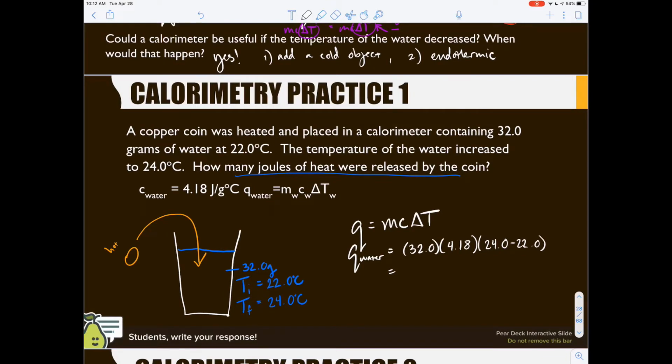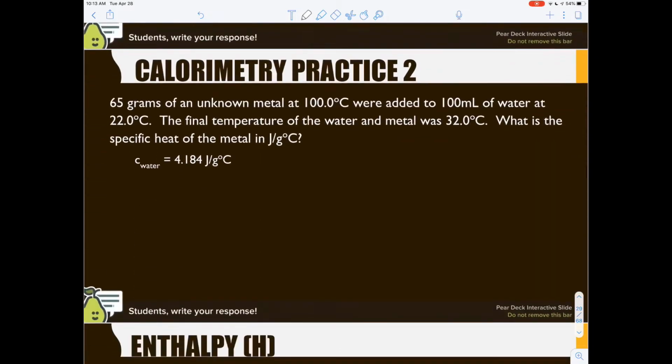Okay, 267.52, with sig figs, 268 joules. Okay, again, the temperature change is always TF minus TI, which will sometimes be a negative value. We'll talk about that, and it can be in Celsius or Kelvin because a change in temperature will be the same regardless of which unit you use.